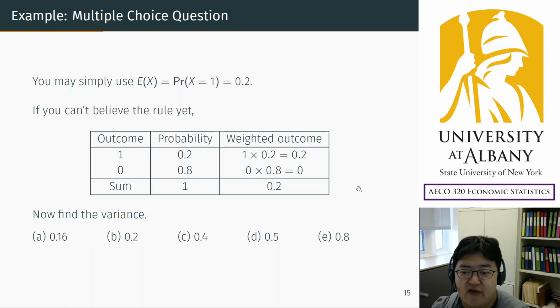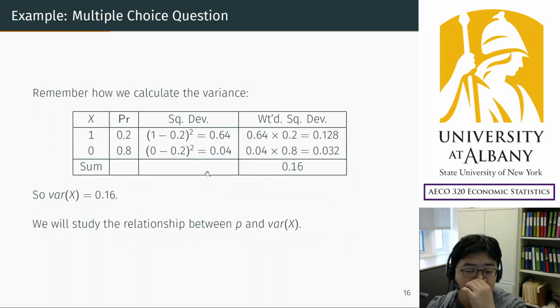So, to calculate the variance, we know the mean, so you need to make a squared deviation column. Originally in chapter 4 I made separate columns for deviations and squared deviations, but I did them in one step. So the deviation is 1 minus mean and 0 minus mean, the outcomes minus the mean, and square them. So we get 0.64 and 0.04.